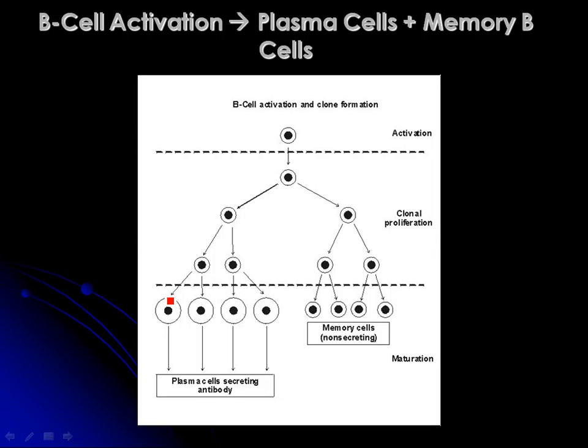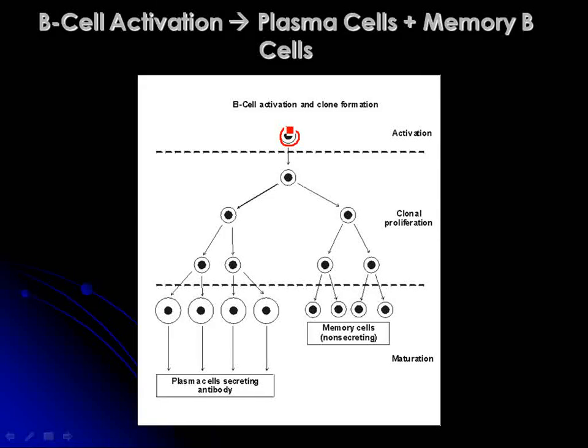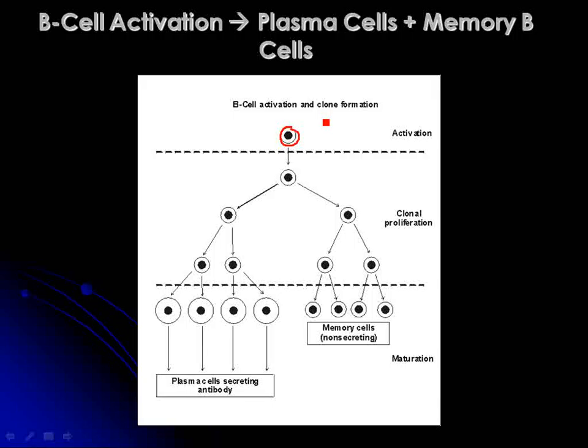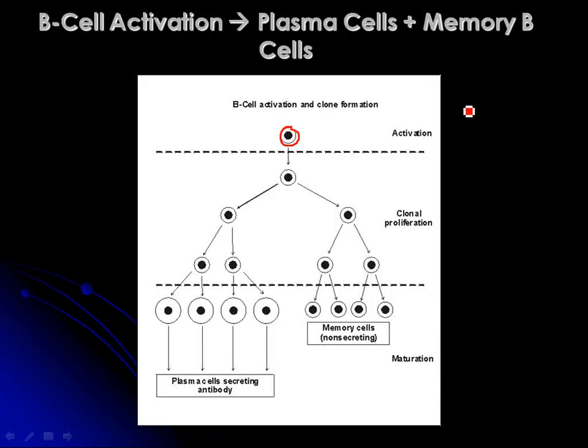This is just giving you another view of that. Here's a little B cell right here. It gets activated, okay, because it has bound to its antigen. It's received help from the helper T cell. And in another term that you guys are going to see for an individual B cell or T cell even that has a particular type of B cell receptor, or in the case of T cells, we'll see those are called T cell receptors in their surface.